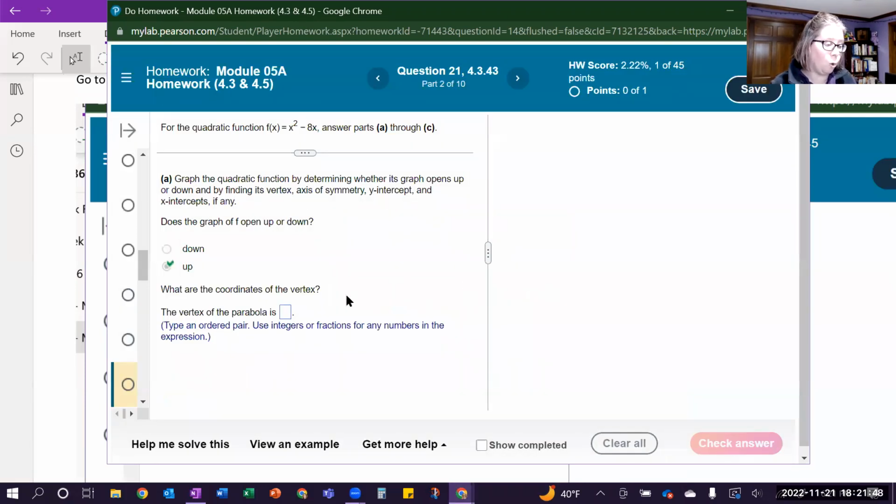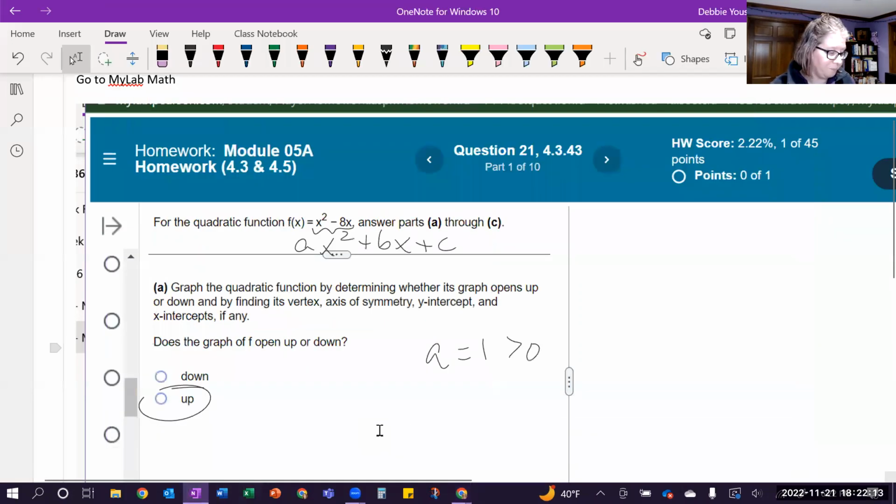So now it wants to know the coordinates of the vertex. So this is now where I need to use the little formula because I don't have it in vertex form. So the b and the c from ax squared plus bx plus c does not mean the same thing as h and k that's in the vertex form. It does say type an ordered pair and use integers and fractions. So I'm going to go back to where I can write.